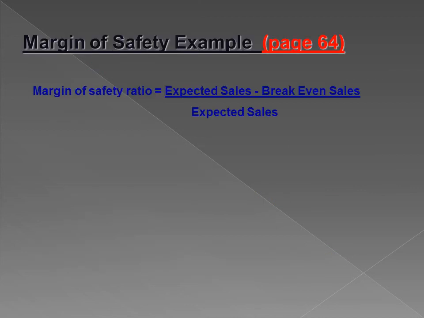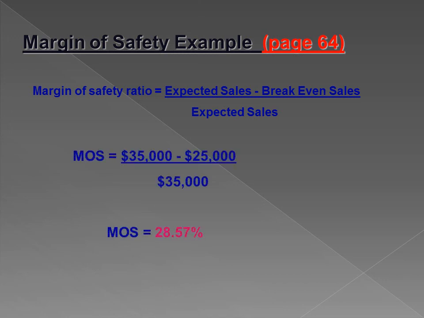Now you see the example on page 64. MOS, of course, stands for margin of safety. So your margin of safety here, with $35,000 minus $25,000 divided by your $35,000, gives you a margin of safety of 28.57%.